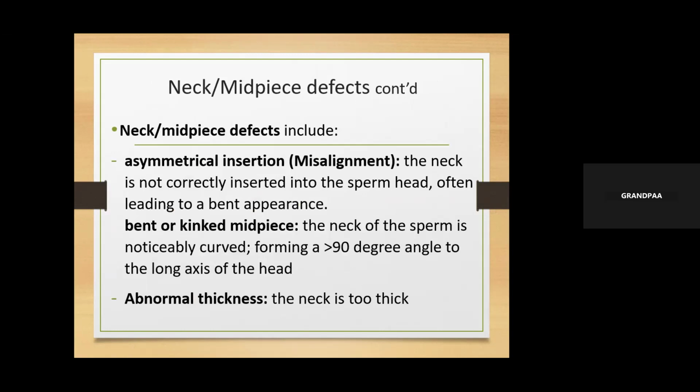So we know that the neck is supposed to be fixed symmetrically. Okay, when we say something is symmetrical, it means that once you divide it in two, one half is equal to the other half. Asymmetric means absence of symmetry. Not symmetry as in where we bury people.